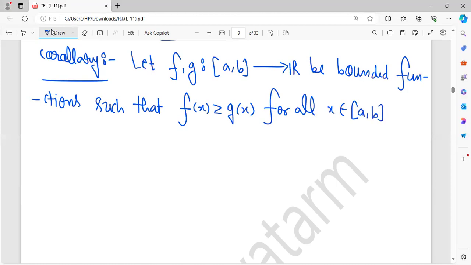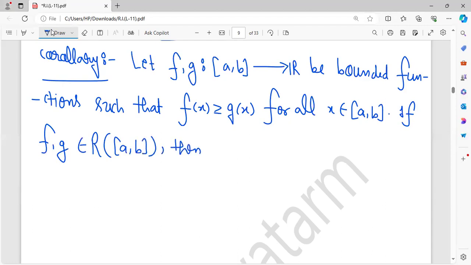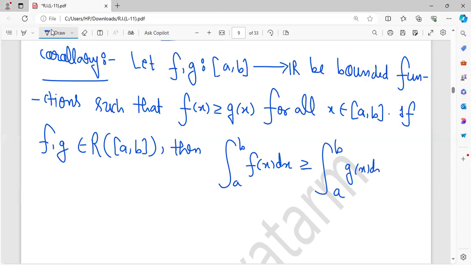Okay. If f and g are Riemann integrable, then the integral from a to b of f(x) dx is always greater than or equal to the integral from a to b of g(x) dx. Okay.